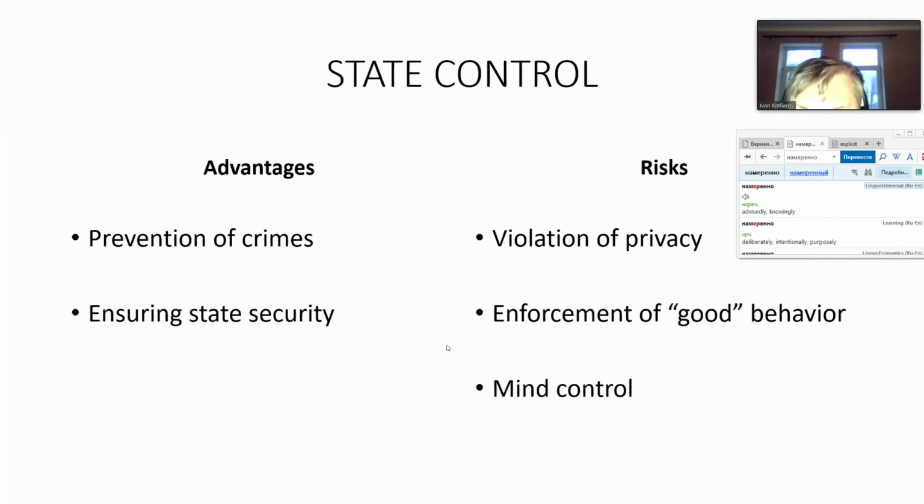is the enforcement of good behavior. Ladies and gentlemen, what is the point? The state should prevent crimes. Obviously, it's normal. It's one of the key functions of the state. But what is the enforcement of good behavior? The state, on the basis of constant control, makes us behave ourselves as the state believes is good.